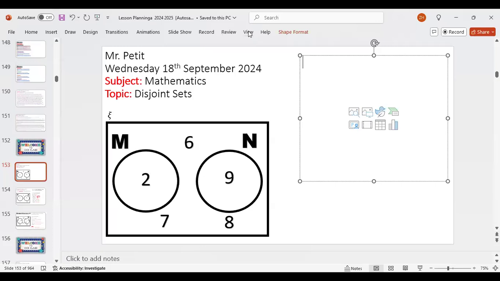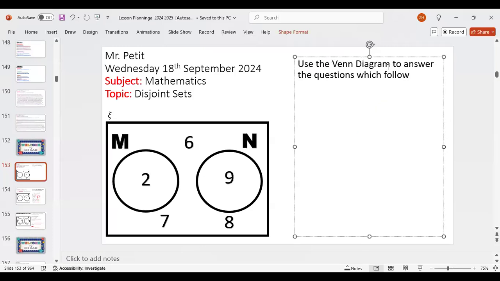Okay, so I think we're ready to answer these questions. The first question states that using the Venn diagram, I want you to answer the following questions. So we have to use the Venn diagram to answer them.